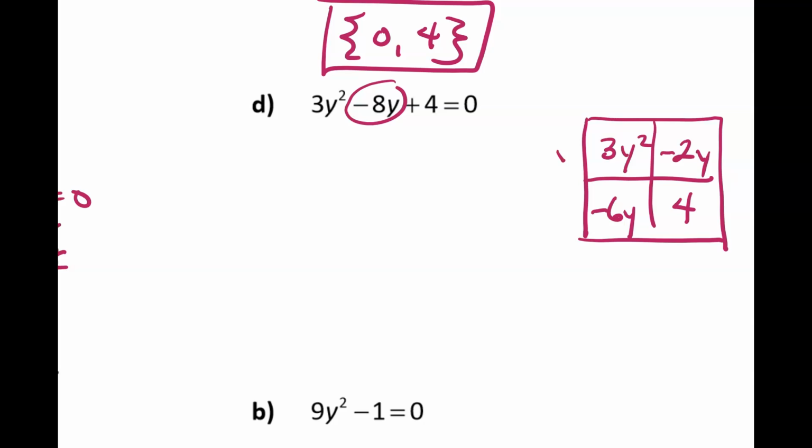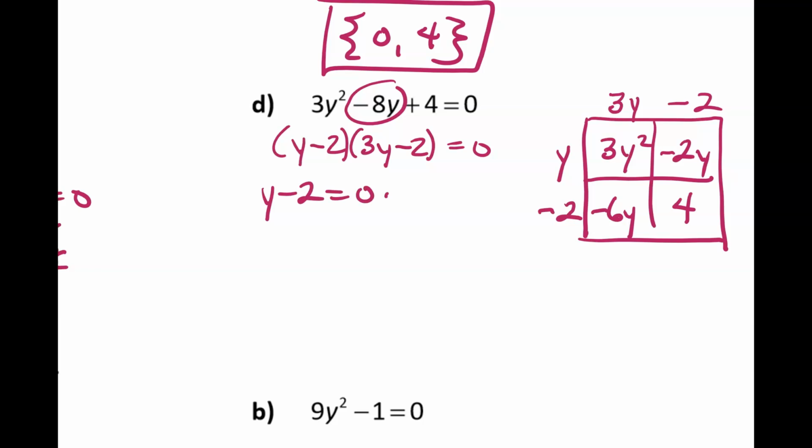Top row has a GCF of y, the bottom row negative 2. The left column has a GCF of 3y and the right column of negative 2. So our two factors are y minus 2 and 3y minus 2. So either y minus 2 is equal to 0 or 3y minus 2 is equal to 0.